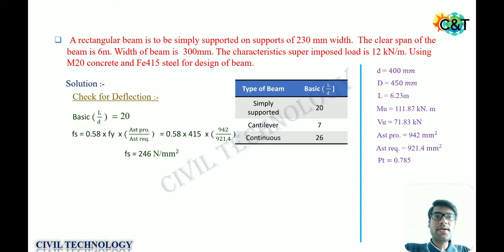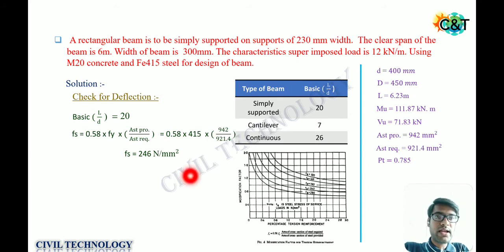Now you may be thinking why we calculate the Fs value. Because based upon the Fs value we have to calculate one parameter, which is called F1. If you find the figure in IS 456, you can see the Fs formula given at the bottom. This is a chart for the modification factor, depending upon the Fs value.